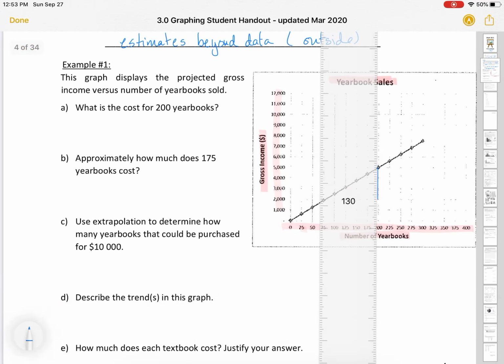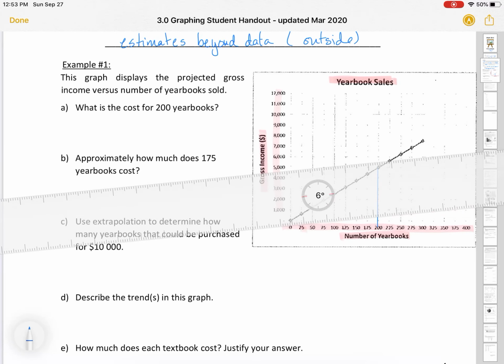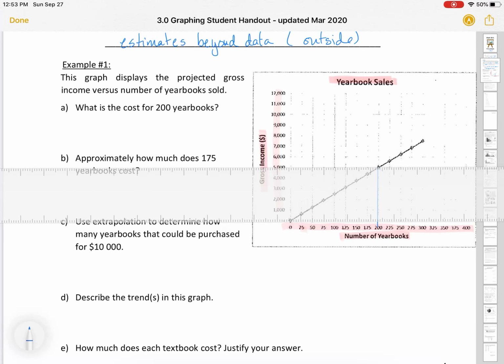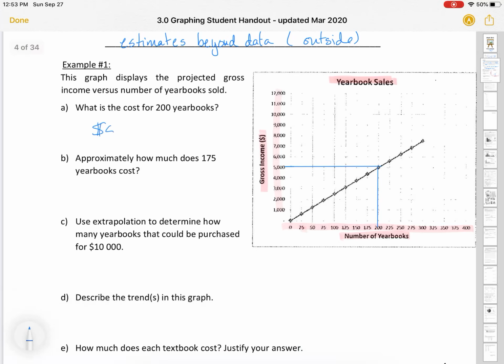So we'll connect it up to 200, and then we're going to see where that meets up on the side. And that meets up right at the 5,000. Okay? So what's the cost for 200 yearbooks? $5,000.